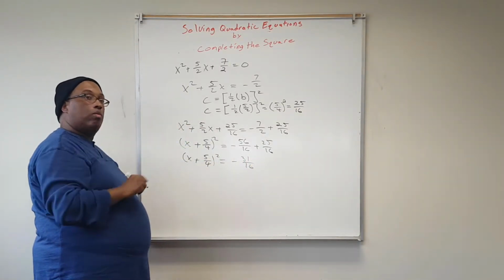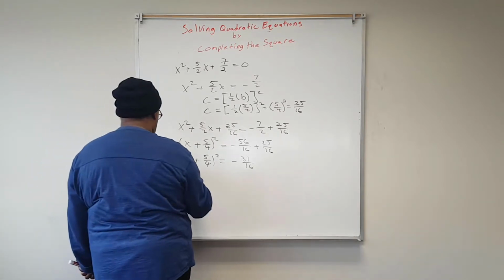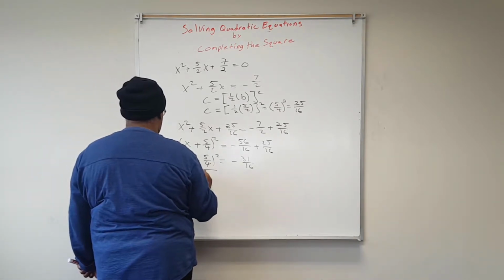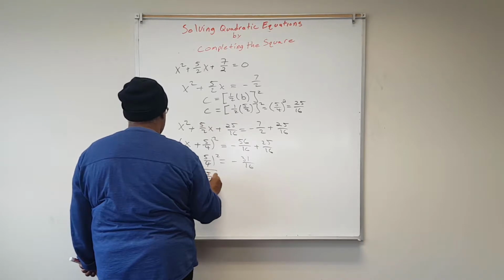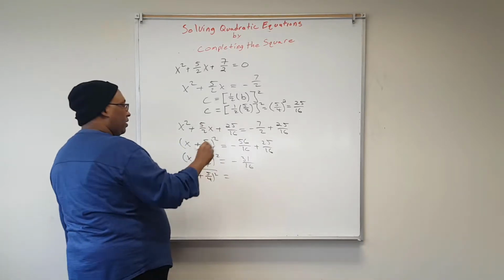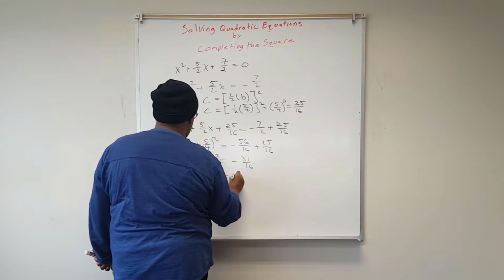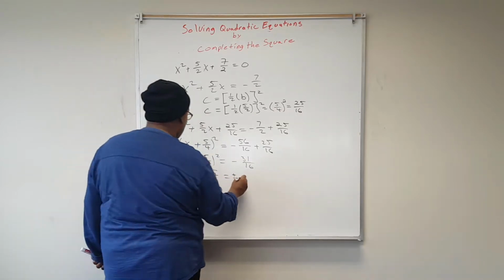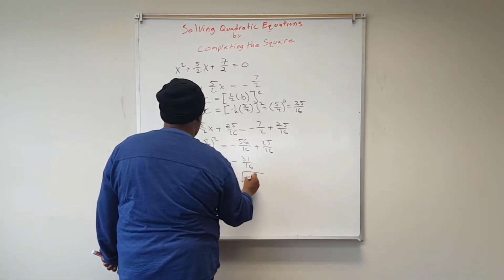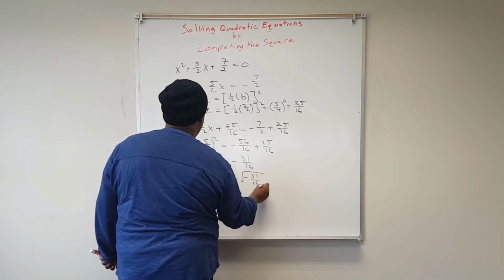Now I take the square root of both sides. If I take the square root of this side, I always have to put plus minus negative 31/16.